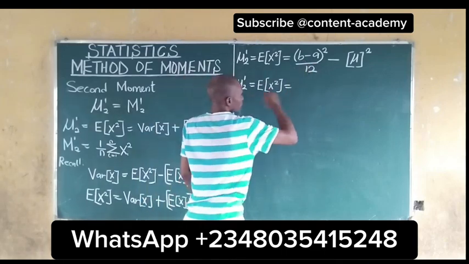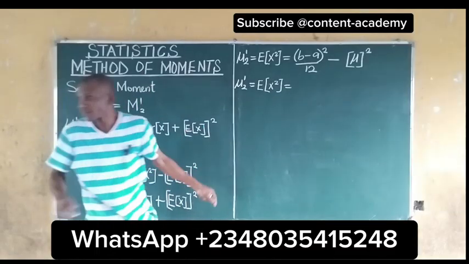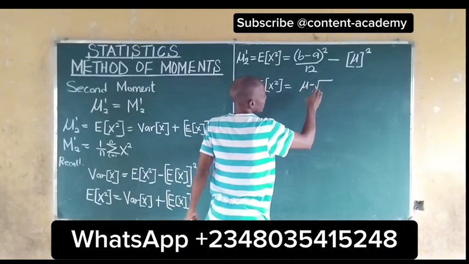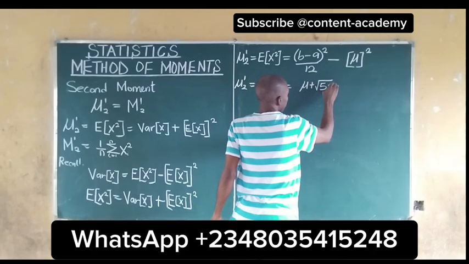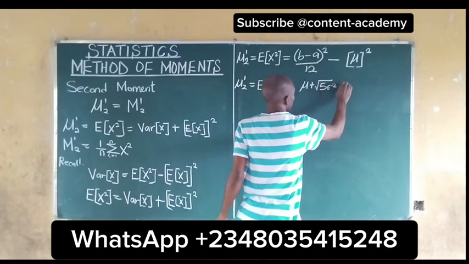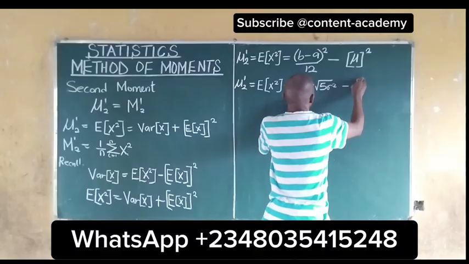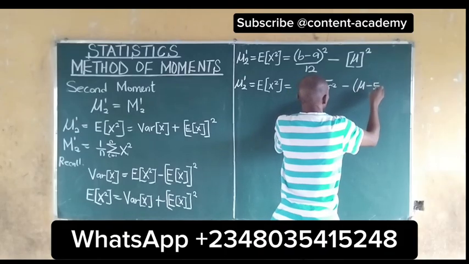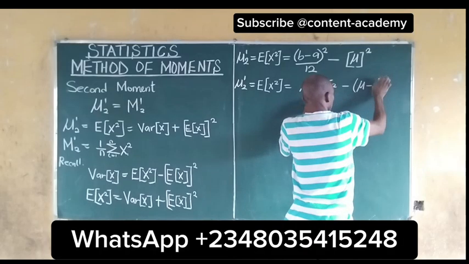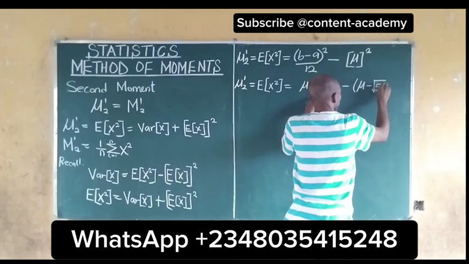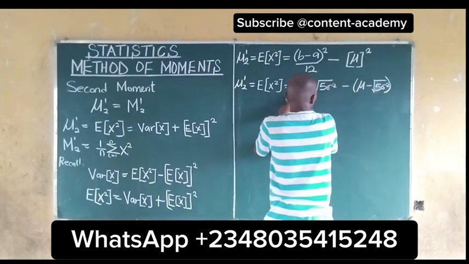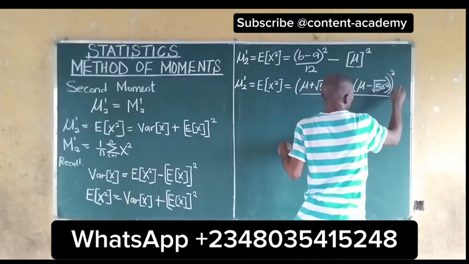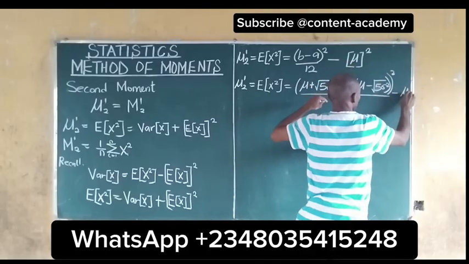And it is equal to, what is b? b is mu minus square root of 5 sigma squared, and a is mu minus the square root of 5 sigma squared, all over 12, minus what we have here, which is mu squared.